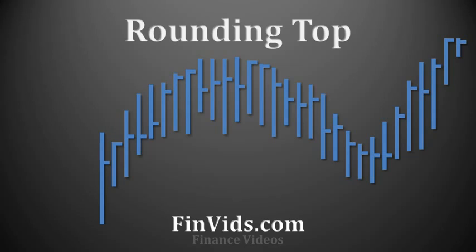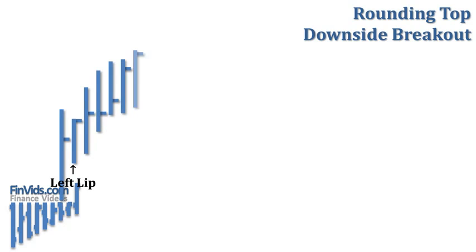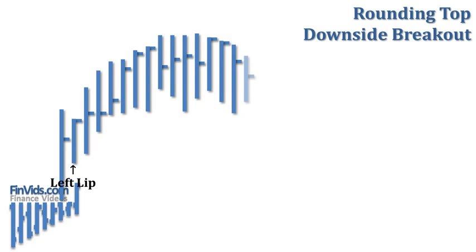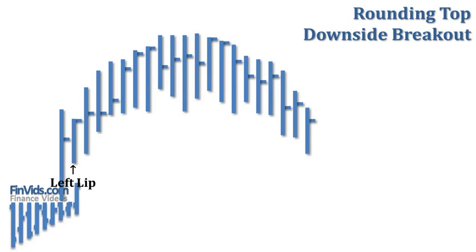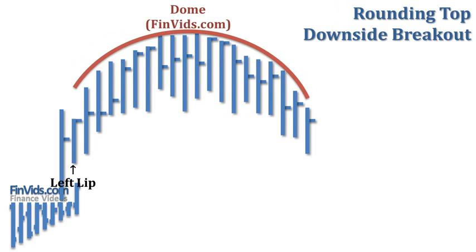The rounding top. The rounding top typically occurs after an uptrend. Prices move upward and then roll back downward, creating a dome or inverted bowl look. Note that the beginning of the rounding top on the left side is called the left lip, and the right side is called the right lip.